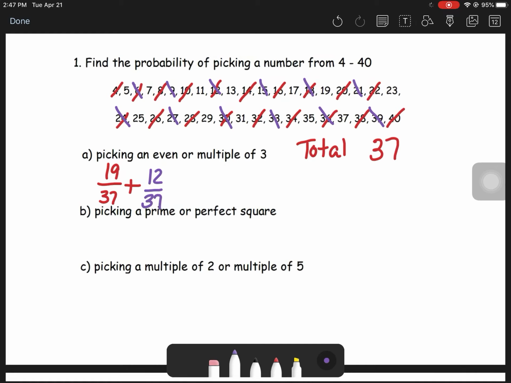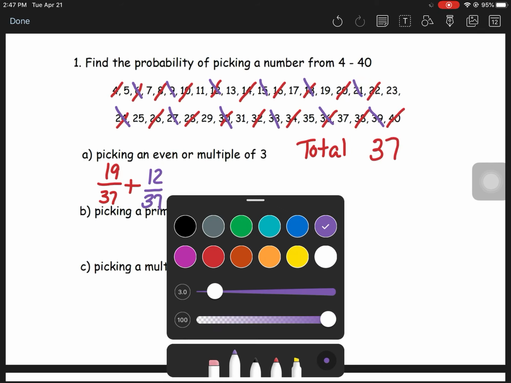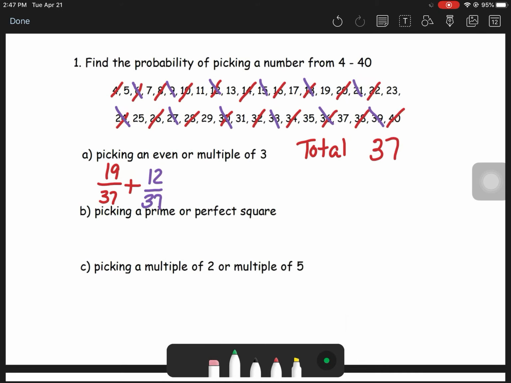In other words, we could count by 3s. But we also notice that we have some that we counted twice, so we have to take those away. So I counted this one twice, that's 1. This one twice, that's 2, 3, 4, 5, and 6. Looks like we counted those twice.